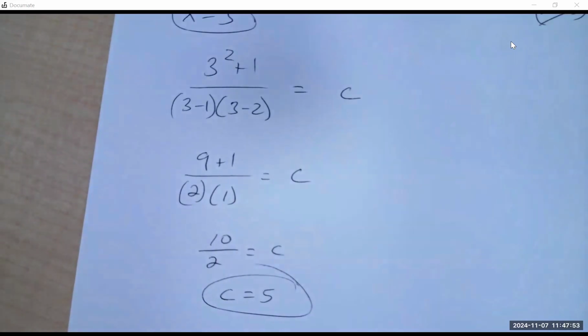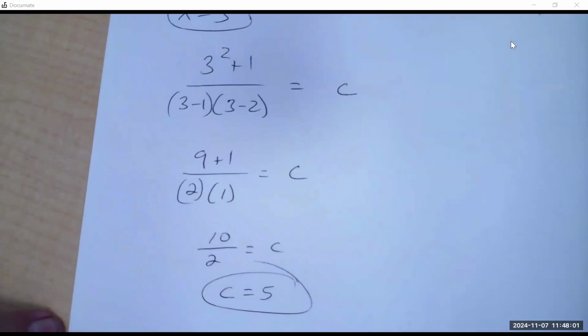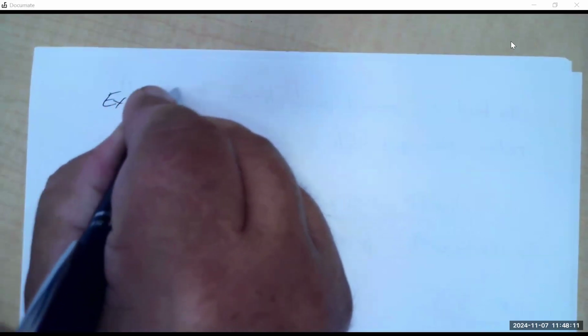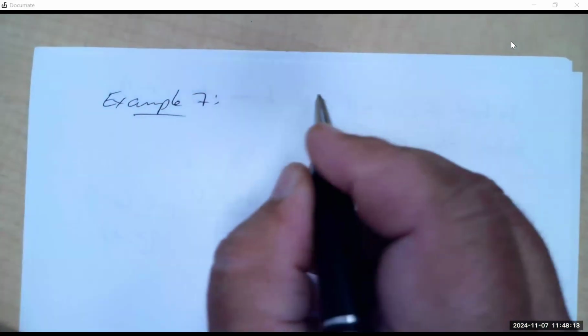Okay, what about if we have quadratic denominators or linear factors, I should say, with multiplicities? Example 7.